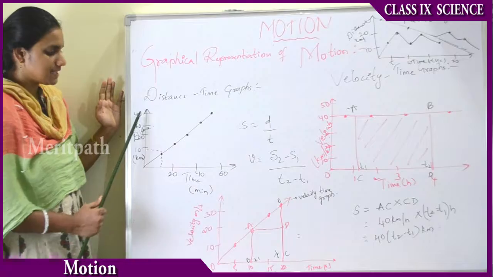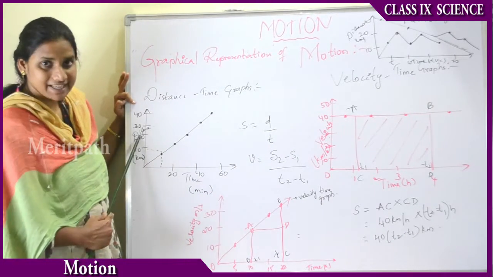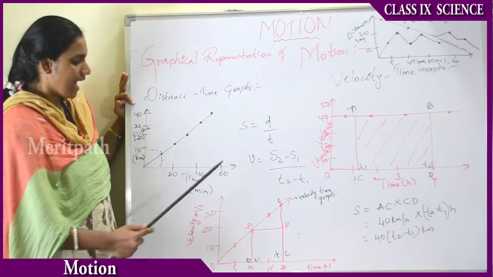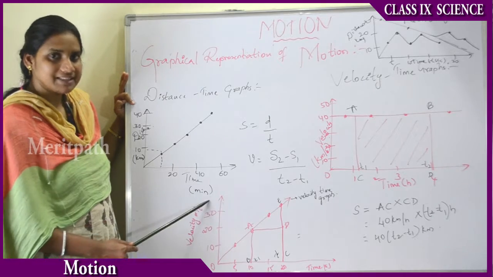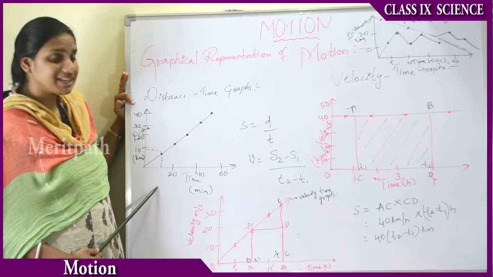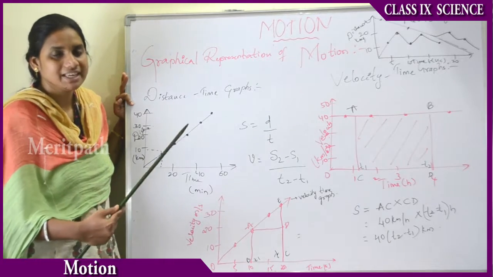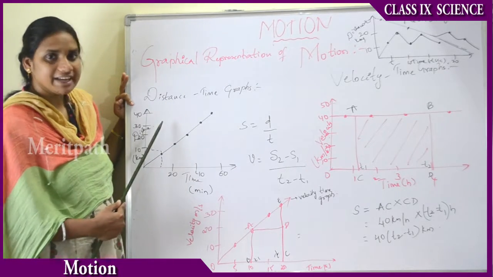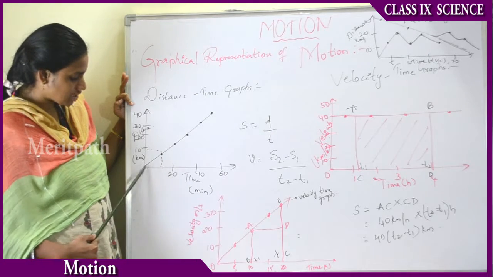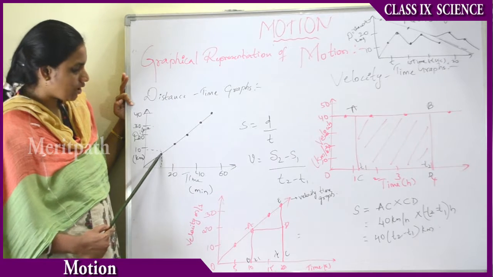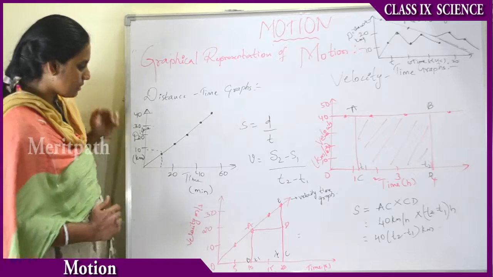Let us suppose this is a graph paper and we take the y-axis as distance, measured in kilometers, and the x-axis as time, measured in seconds. For example, let us take a car covering a distance of 30 kilometers in 5 seconds, plotted as shown here: 5 kilometers, 10 kilometers, 30 kilometers, 40 kilometers and so on with respect to time.